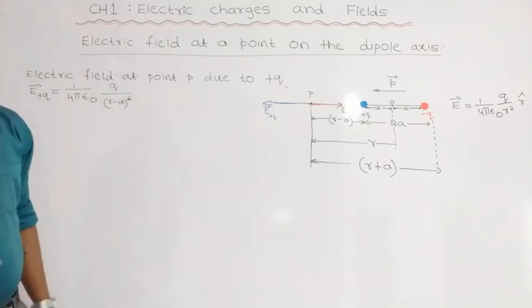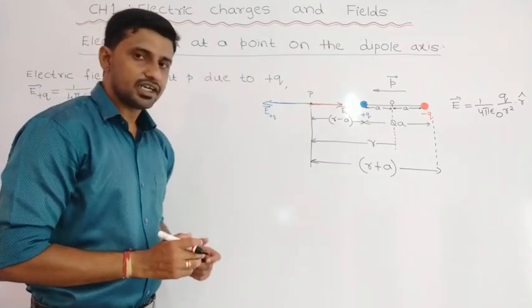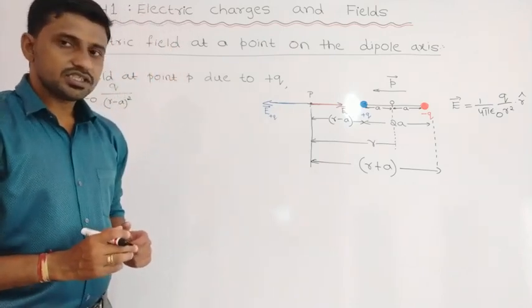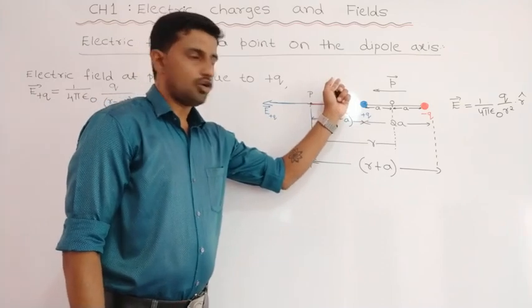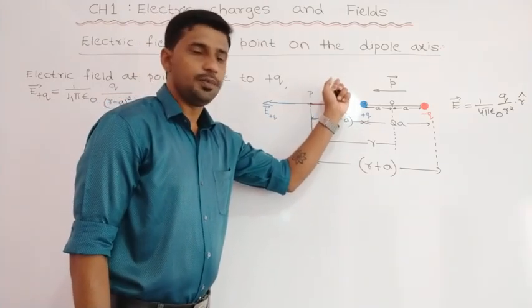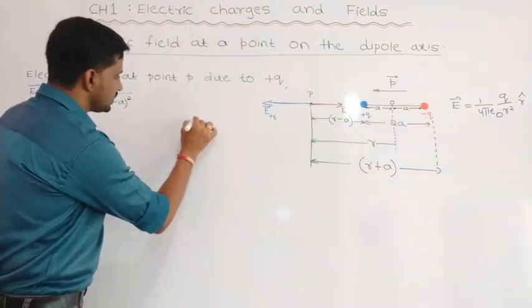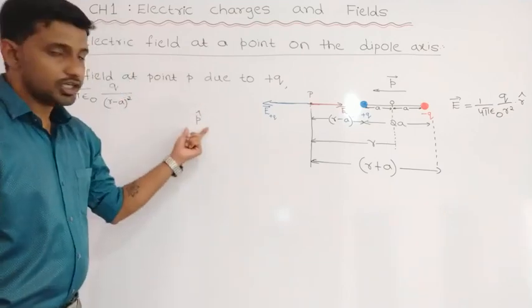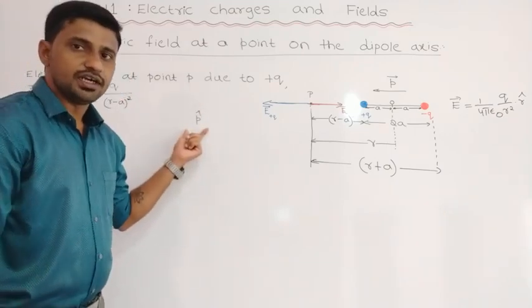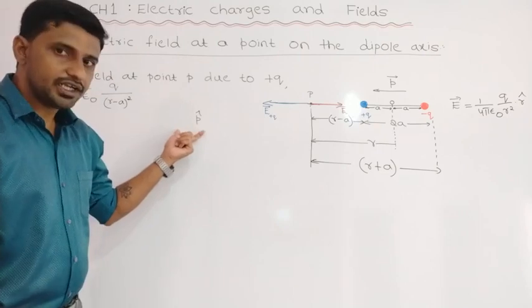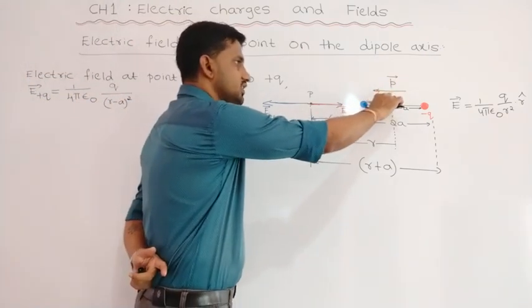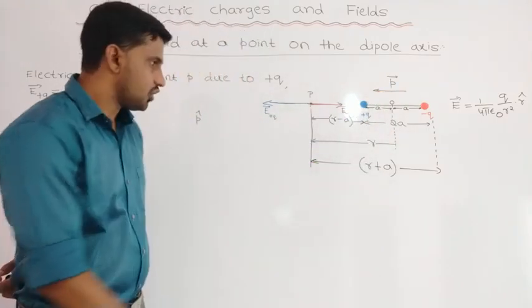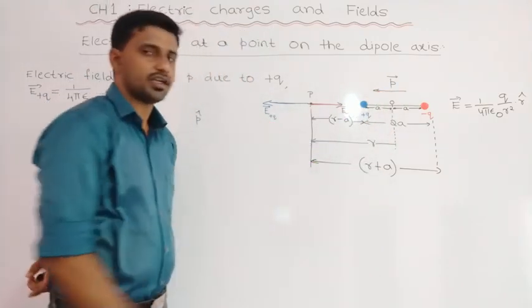And we should represent the direction of the electric field. To represent the direction, I am taking the unit vector P cap, which is used to represent the direction. Why P cap? Because the dipole moment is the vector P, which is also a vector quantity, and the electric field is also a vector quantity.